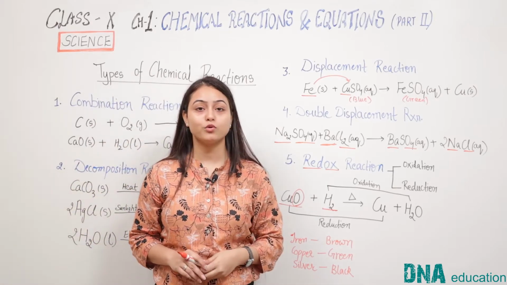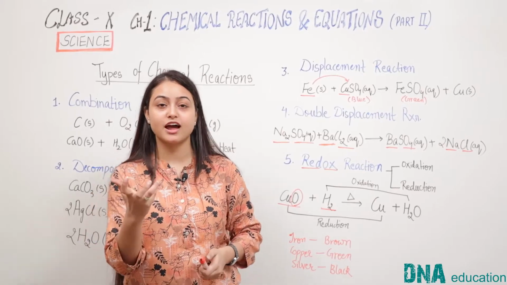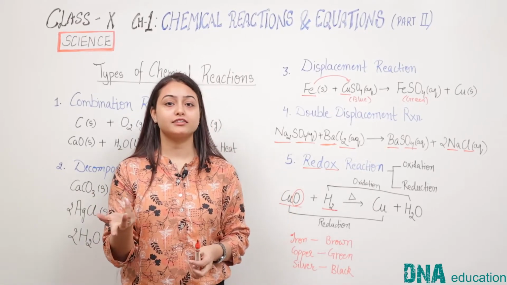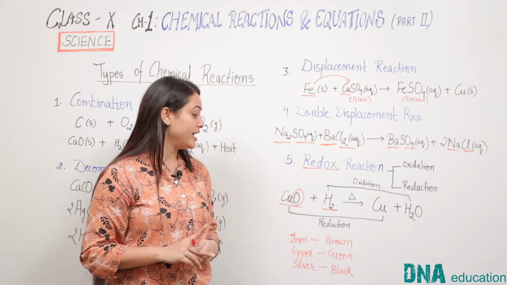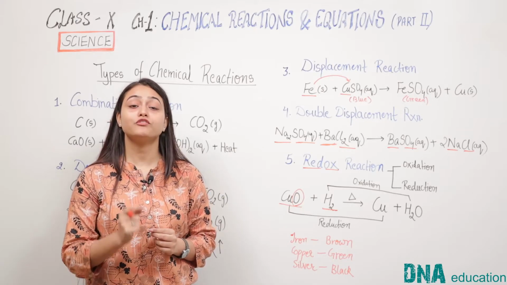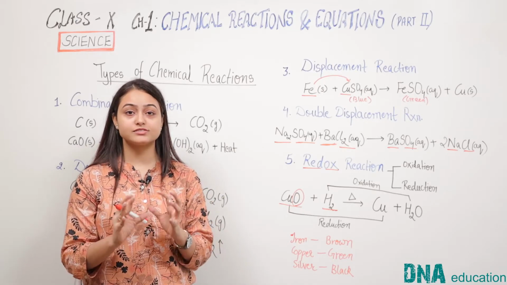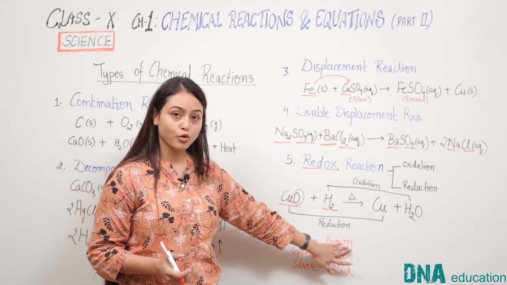Now there is one more thing, corrosion. In daily life we see that various iron articles, when they are exposed to water and moisture and air, acquire a brownish coating. This brownish coating is of iron oxide, and this phenomenon is due to corrosion. Iron forms a brown coat.